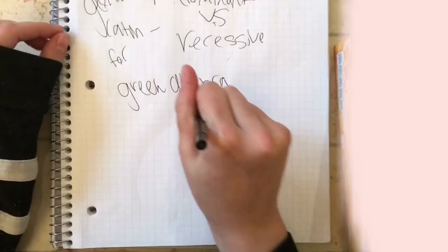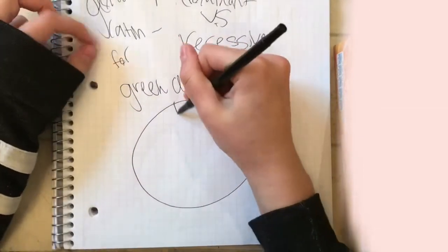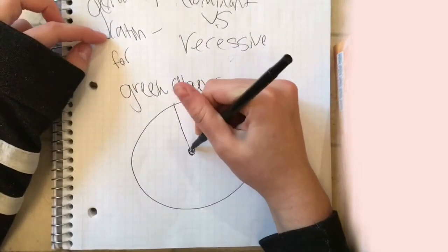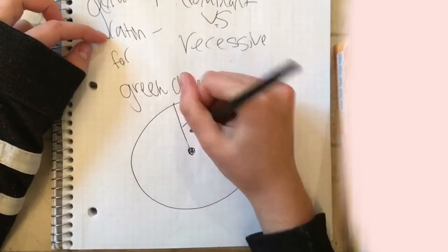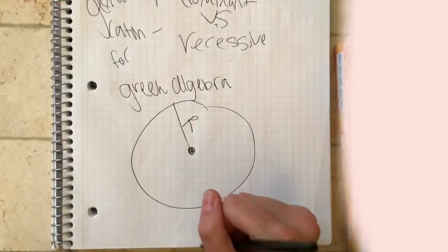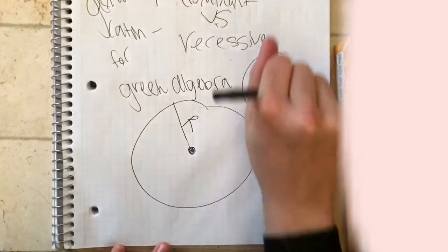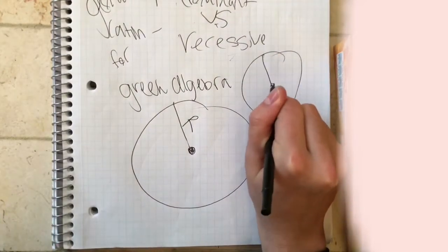Let's say that our radius is big R. And let's say that another circle has a radius of little r.